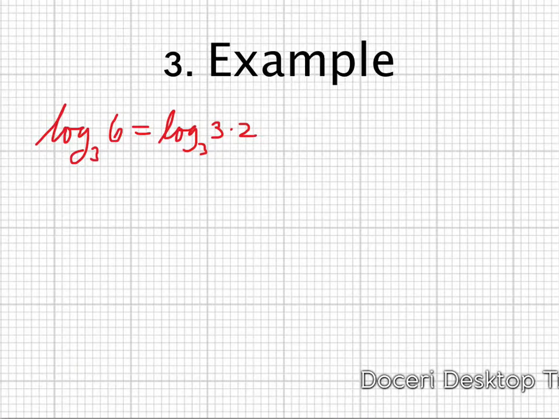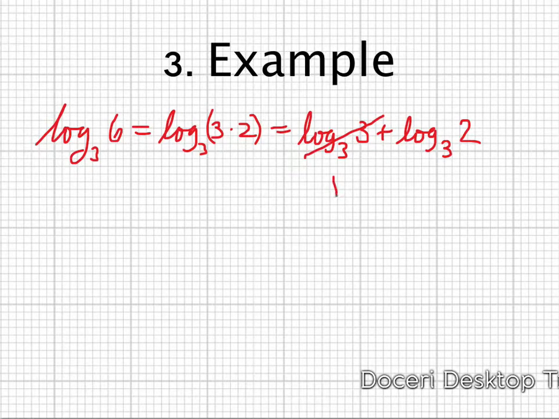And because I have multiplication in here, I can split it up into two different logs. So I have log base 3 of 3 plus log base 3 of 2. Now log base 3 of 3 is the same as 1, so I'm going to cross that out and put a 1. So now I have 1 plus log base 3 of 2.